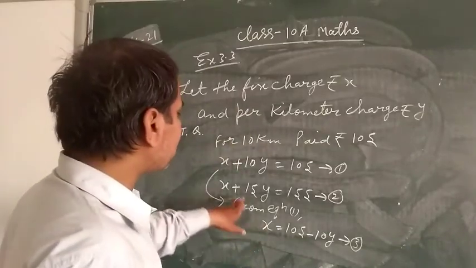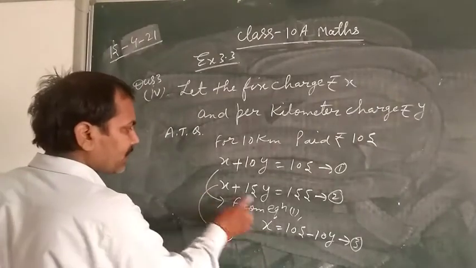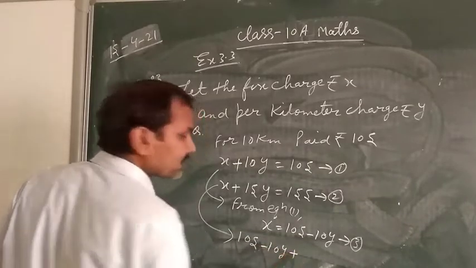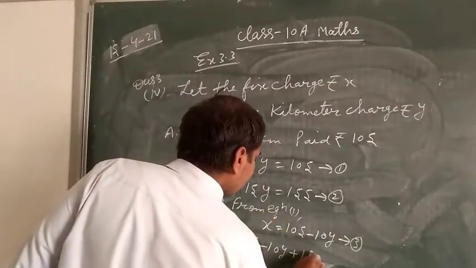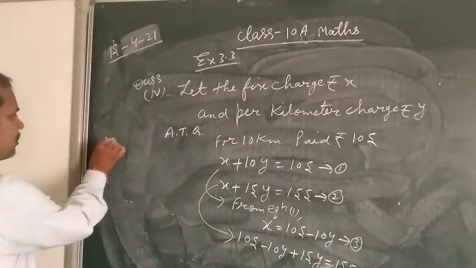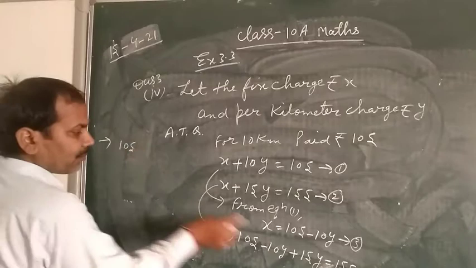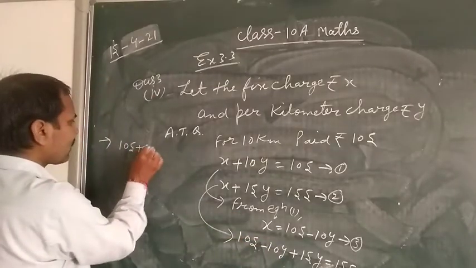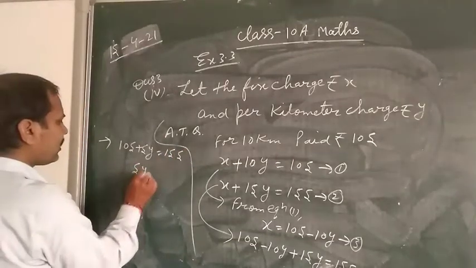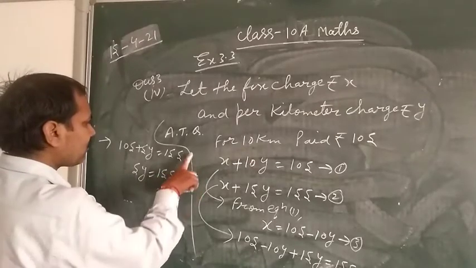Then putting the value of x in equation 2: 105 minus 10y plus 15y is equal to 155. So 15y minus 10y is 5y, so 5y is equal to 155 minus 105.